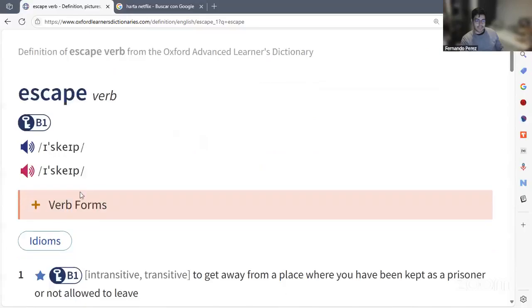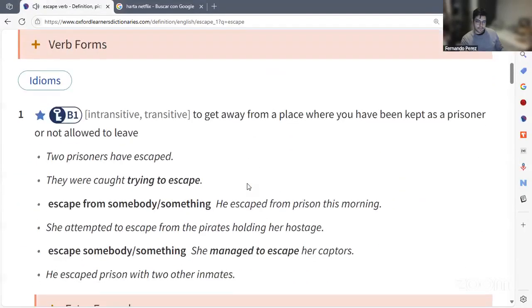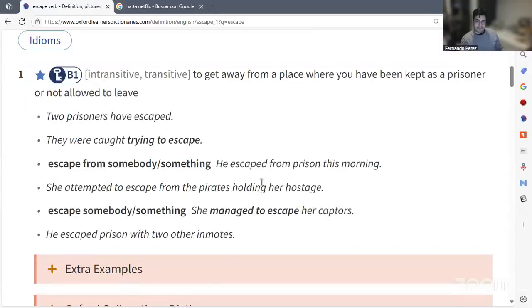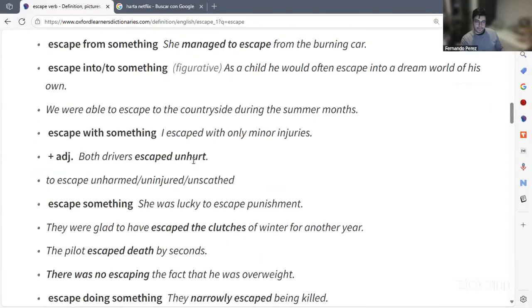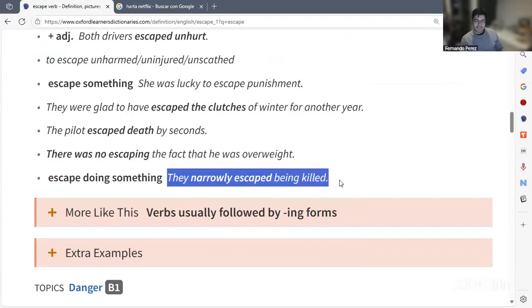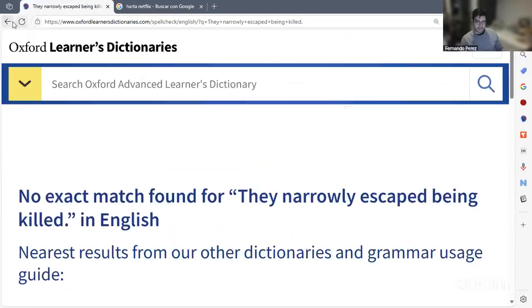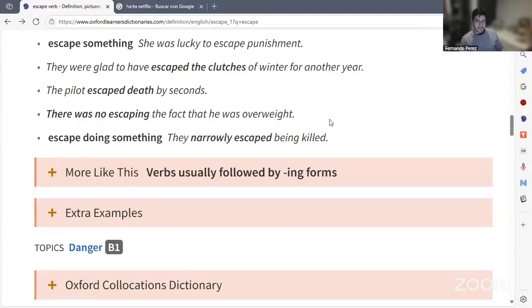Let's check the word escape. Escape. Escapar. And we have escape doing. They narrowly escaped being killed. That's a difficult one. What's the meaning of narrowly?